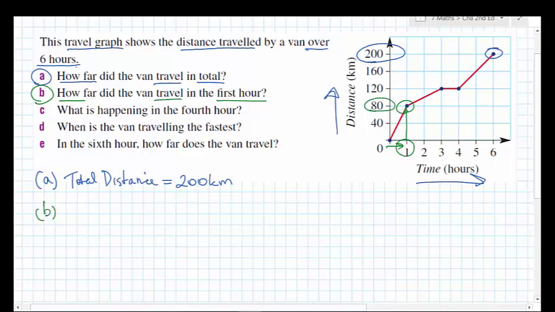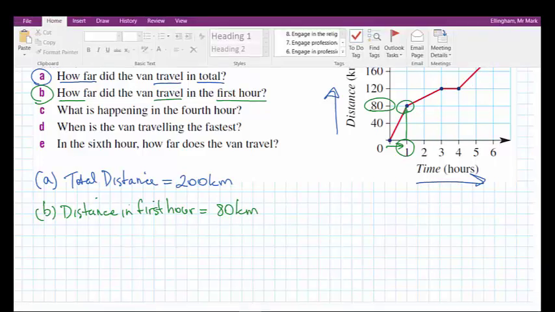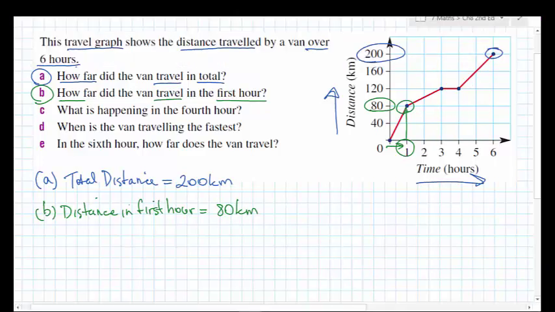So distance in first hour equals 80 kilometres.